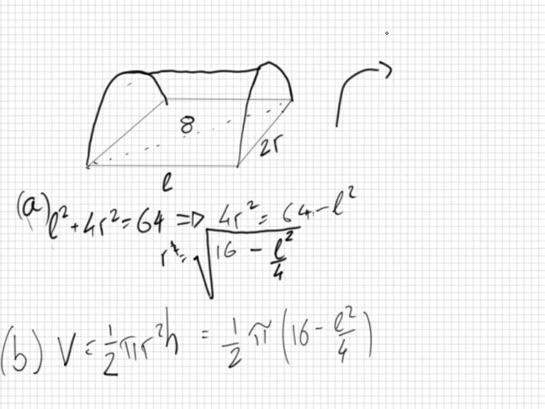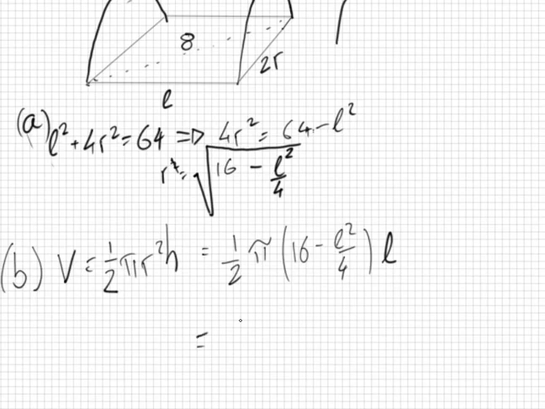So you see the L is actually, if you turn it up, is the height. So there's an L here. So I can simplify that a tiny bit more. Multiplying in by a half pi, so that'd be 8 pi L minus L cubed over 8, with a pi. I'll put the pi in front. Yep, that's it. Alright, so that's the volume.